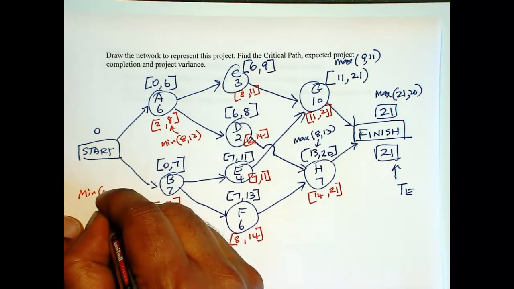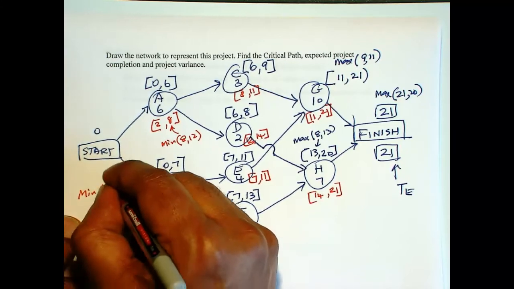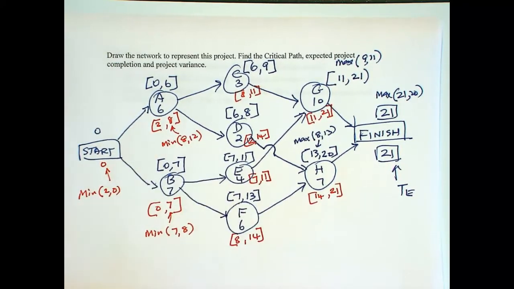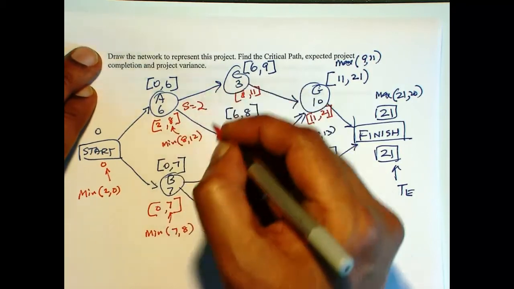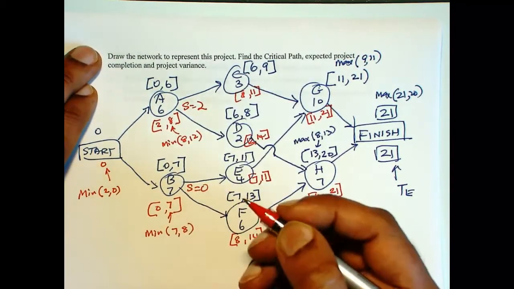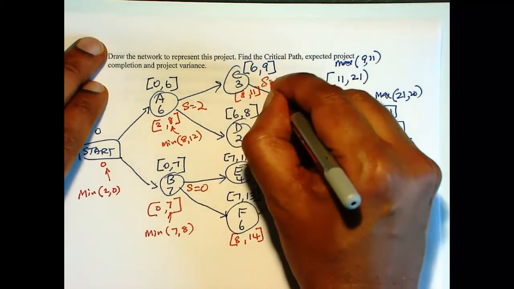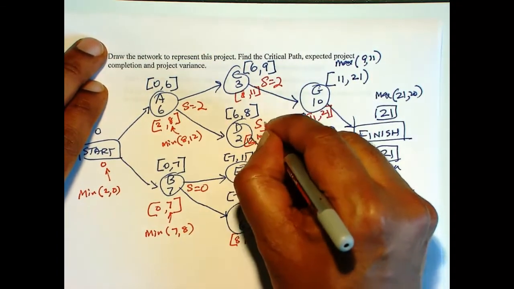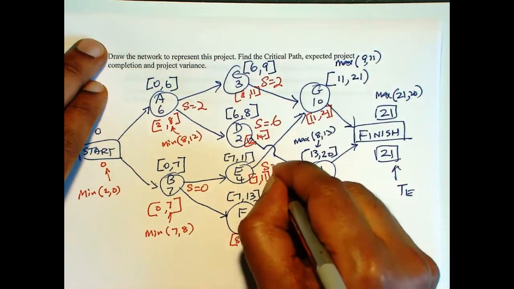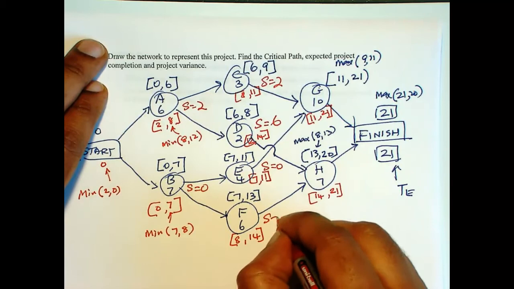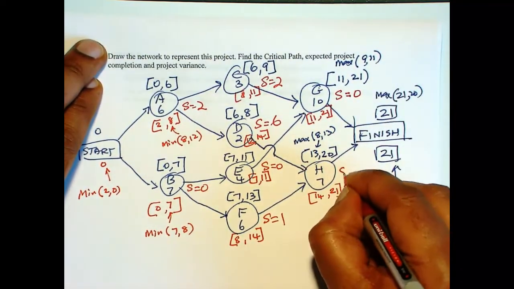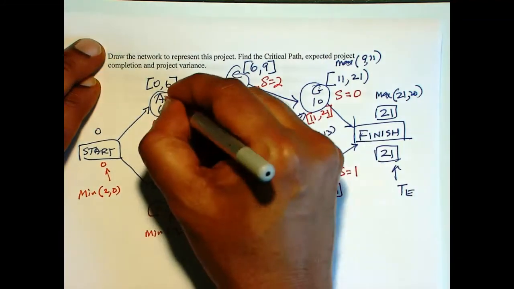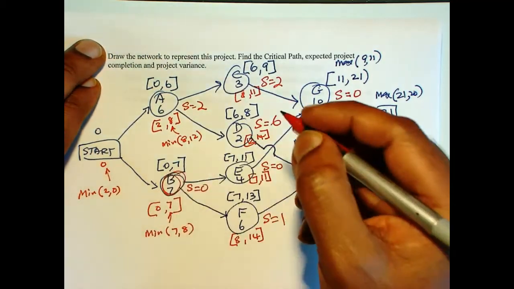So now we have a slack of 2, slack of 0, slack of 2, slack of 6, slack of 0, 1, and slack here is 0, and slack here is 1. So we have B, E, and G.